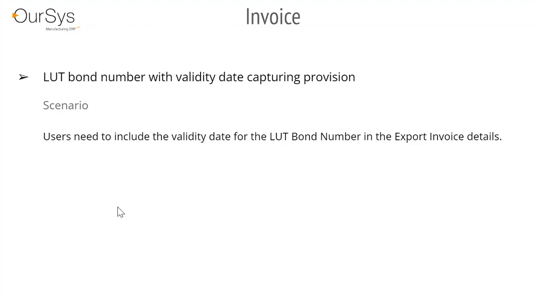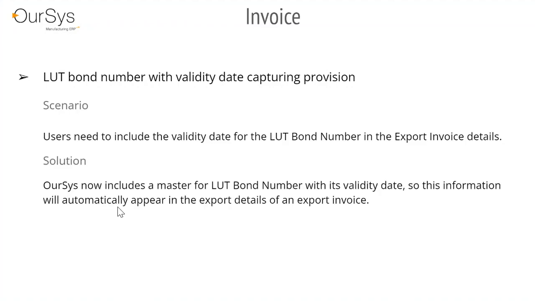OurSys now has a feature where it keeps track of the LUT bond number and its validity date. Whenever you create an export invoice, this information will automatically show up in the invoice detail. This helps ensure that the right bond number and its validity are always included without needing to manually add them each time.